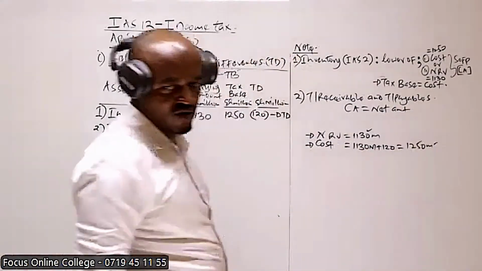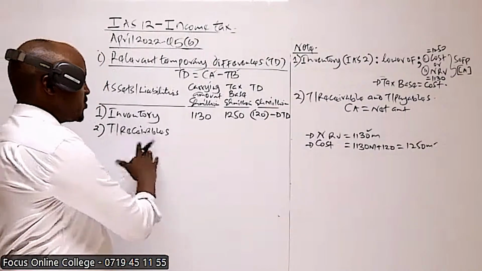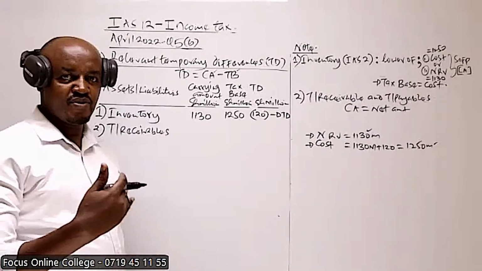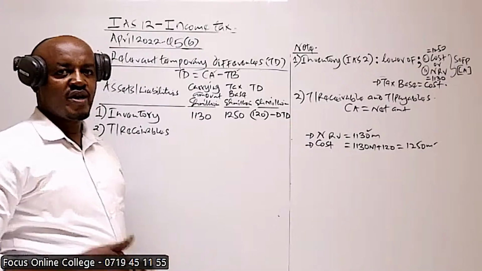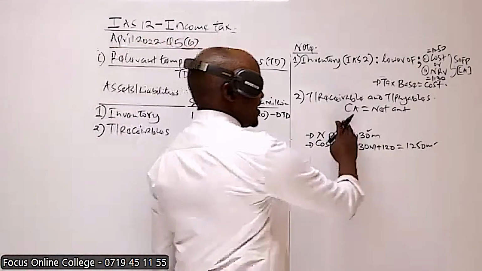We know from financial accounting, whenever you're recording receivables in the statement of financial position, you take receivables and then less things like the allowance or provision for doubtful debt. The amount you get is the net amount. So the carrying amount is the net.